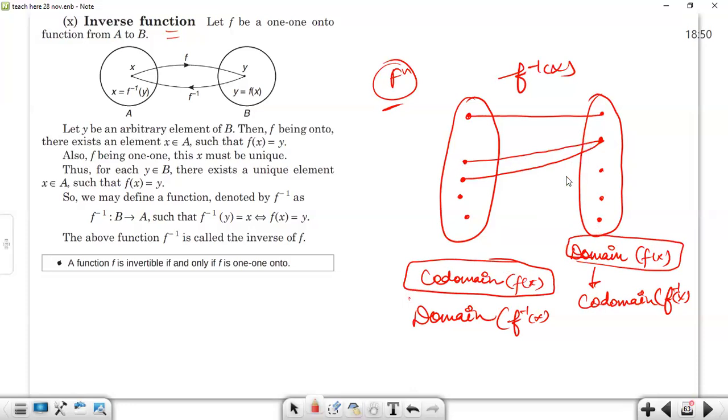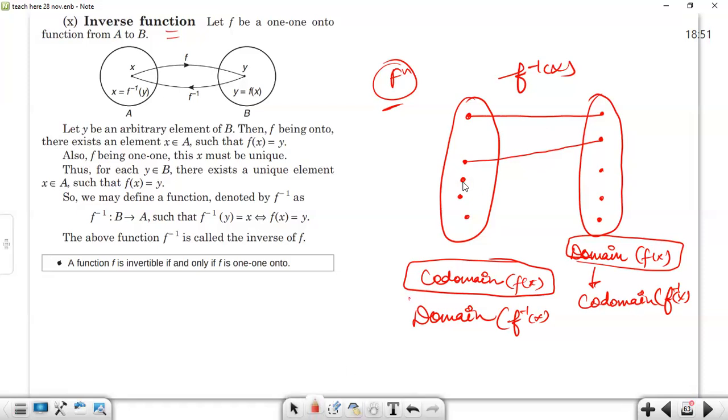One input is having two outputs for f of x because they have just shifted places, right? Yes, sir. So that is the reason this case should not happen. This just should not happen.